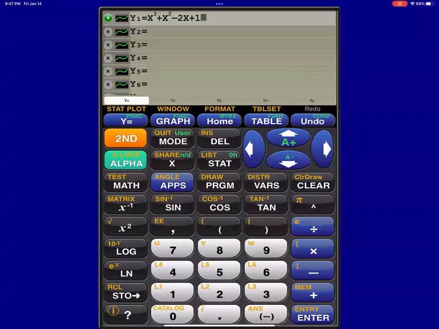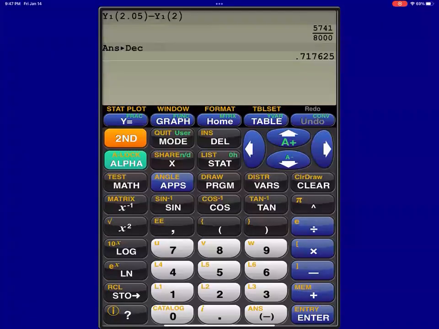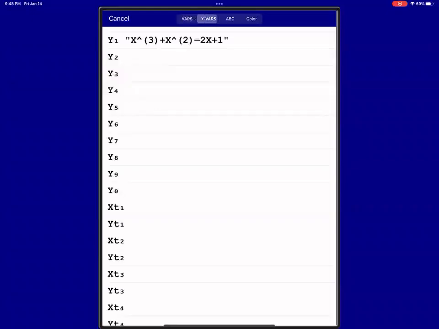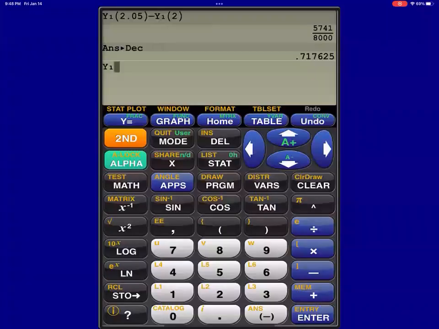First, what I did was input this function, x cubed plus x squared minus 2x plus 1, by clicking Y equals and bringing it in as Y1. Then I went to second and quit, went to the home screen, and used the VAR feature, then YVAR, and brought in that one.